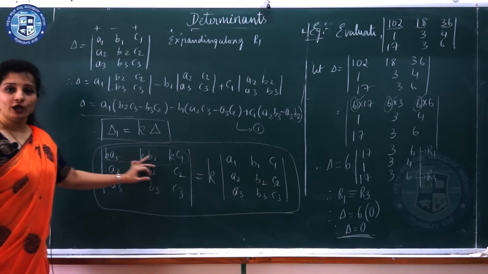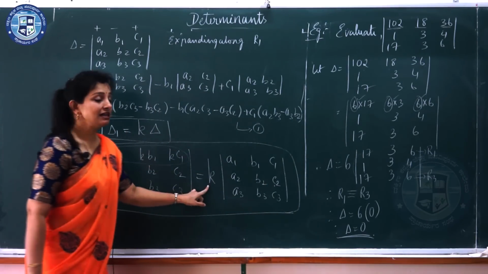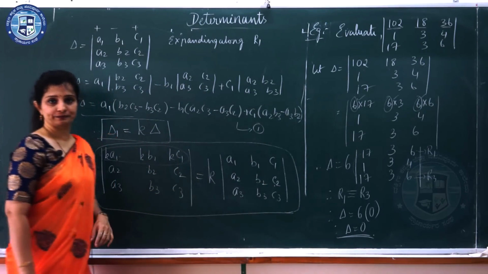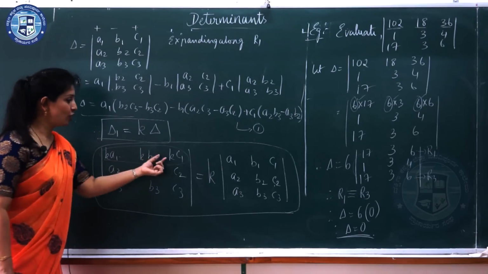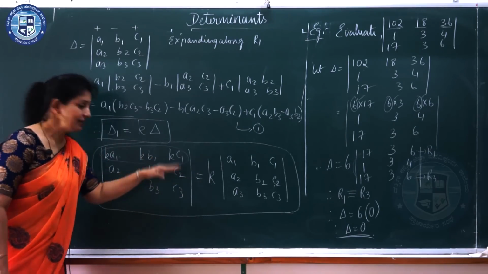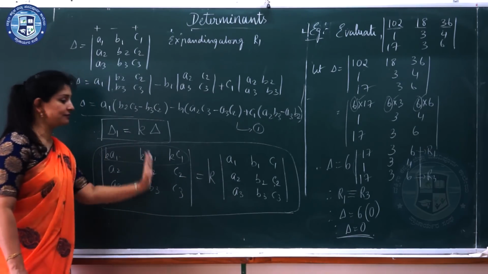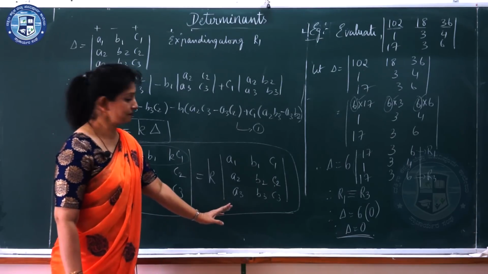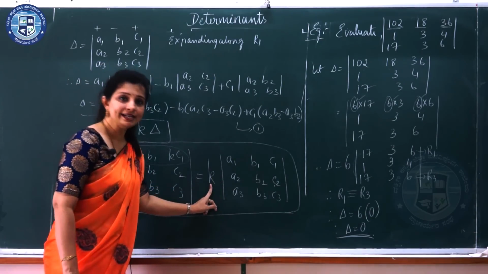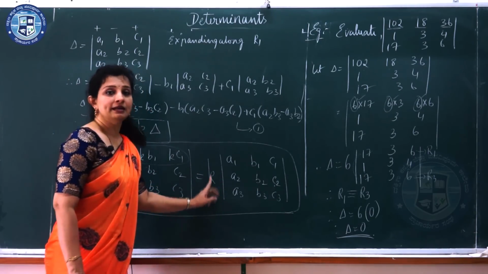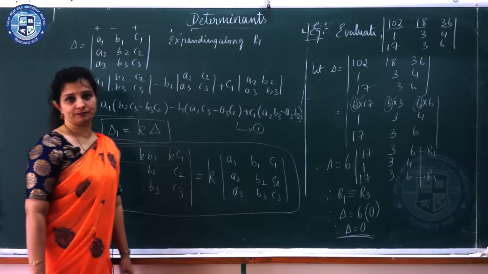So from any row or any column, common factors can be taken out. So in the first row elements, if K is common, we can take out K. Even in the second row, third row, or even columns, first, second, third columns. If any number or any term is common, the term can be taken out.